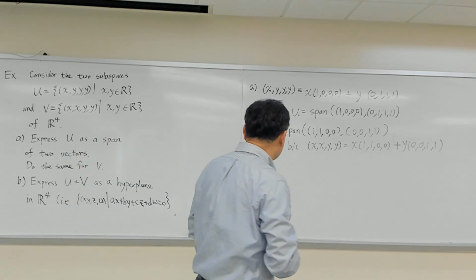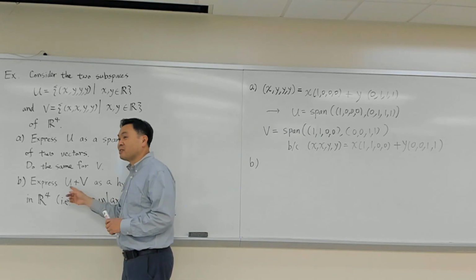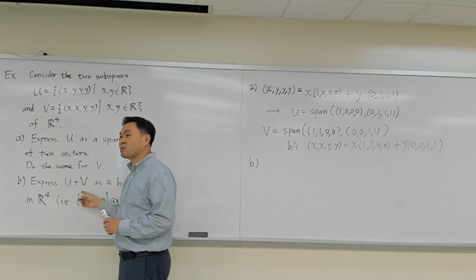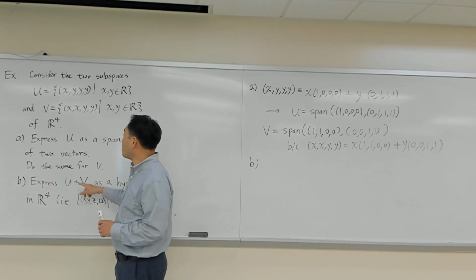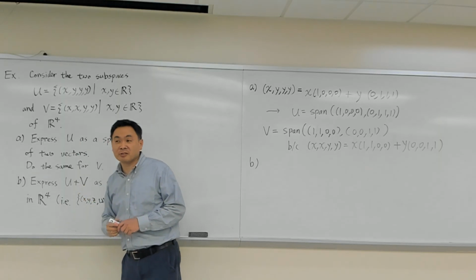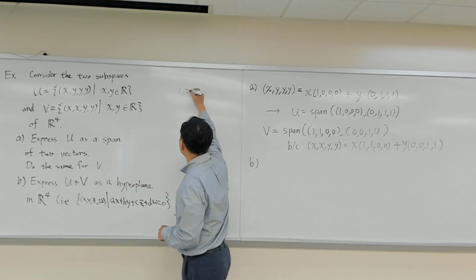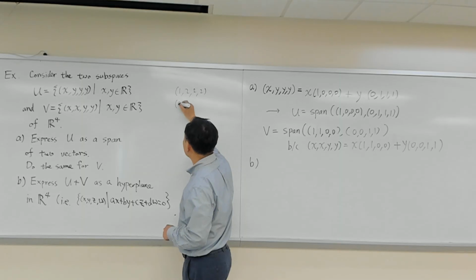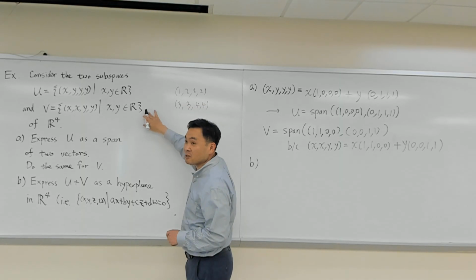And then, let's think about this one, U plus V. What will be the dimension of this guy? Well, would this generate all of R4? Let's see, if you have something like (1, 2, 2, 2), and you add something like (3, 3, 4, 4), that's something in here, right?